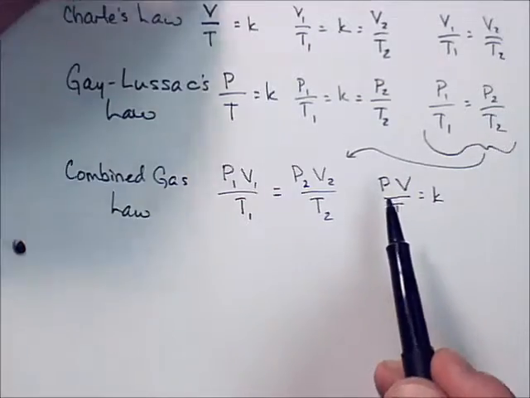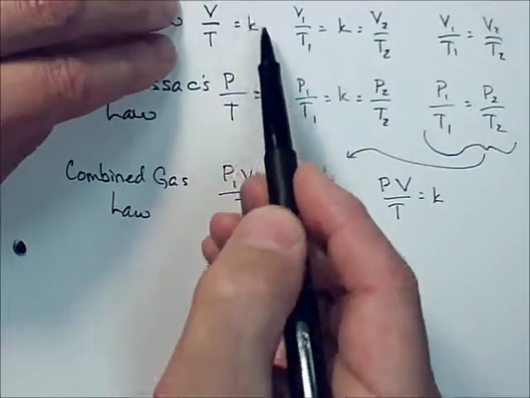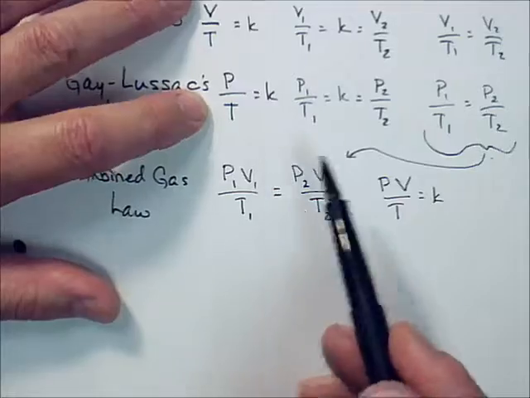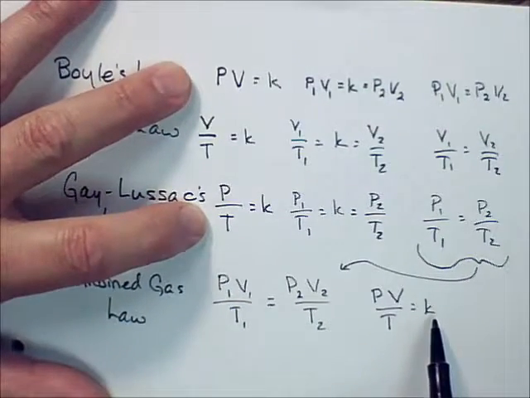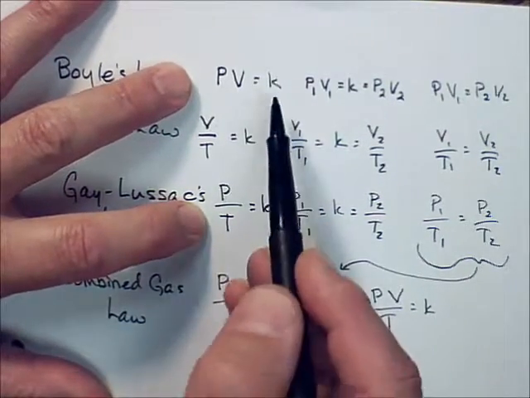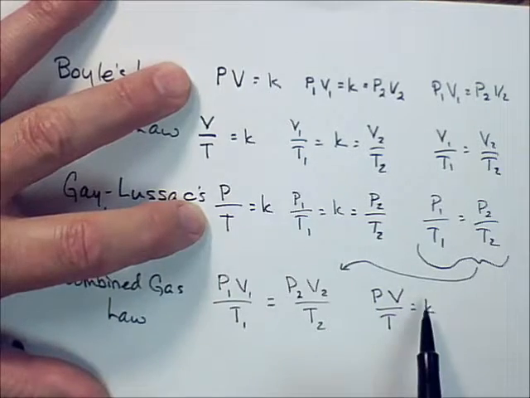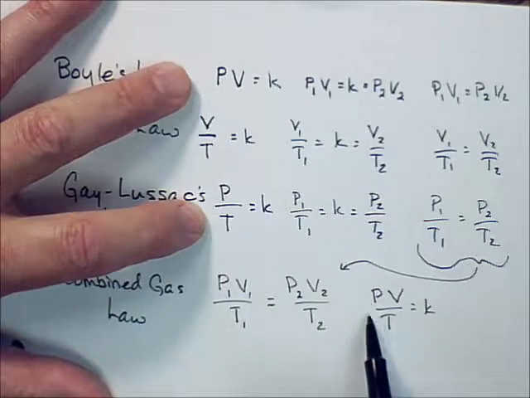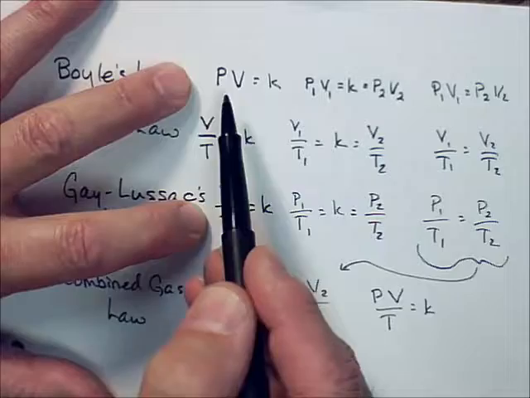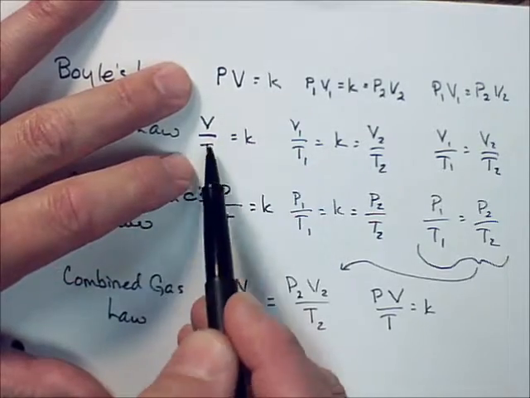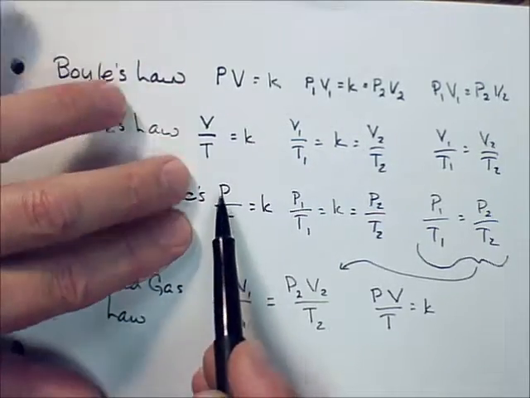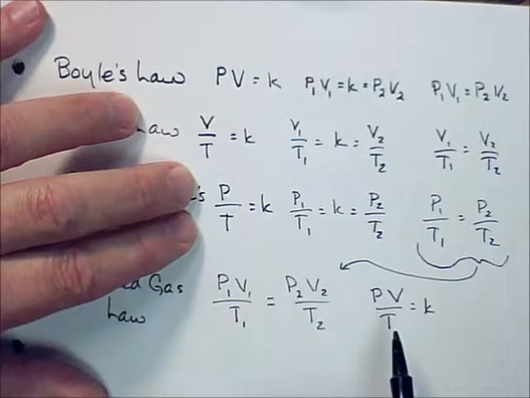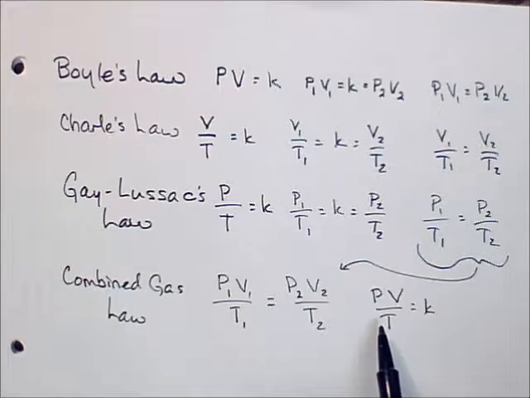Well, that just means that these three things here, this one, and this one are all put together. Now this K here is not the same numerical value as this K. They're a constant, so for these three variables you get a constant. For these two variables you get a different constant. But it's nevertheless a constant as long as you're only dealing with those variables.